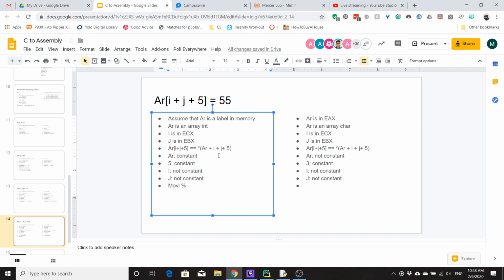So you want to move which register, EBX into EDX, okay, and then maybe you don't want to move, you want to add, right? ECX to EDX, right? So now EDX is equal to I plus j.